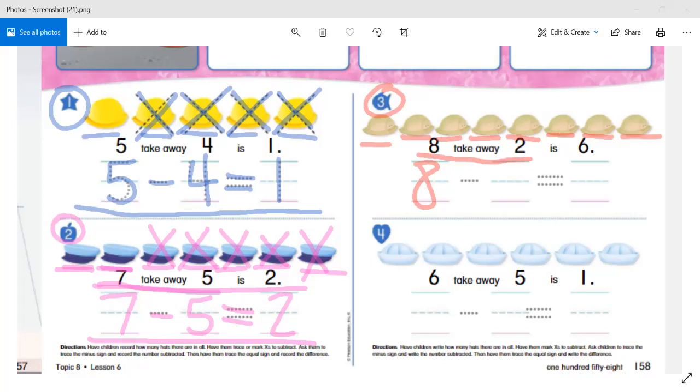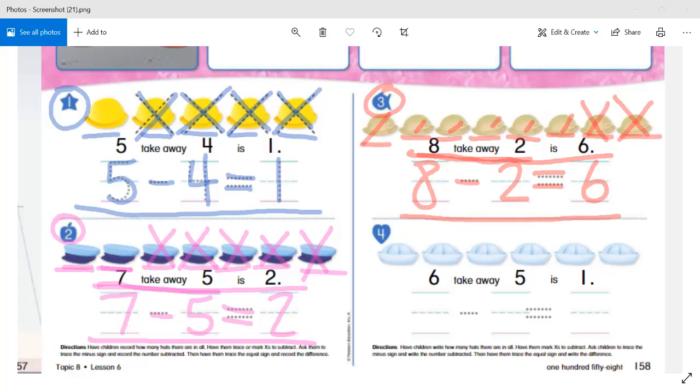Take away is minus, and we're going to put an X in 2 of the hats. 8 minus 2 equals how many? 1, 2, 3, 4, 5, 6 hats are left. So that's the difference. 8 minus 2 equals 6 is the same as 8 take away 2 is 6.